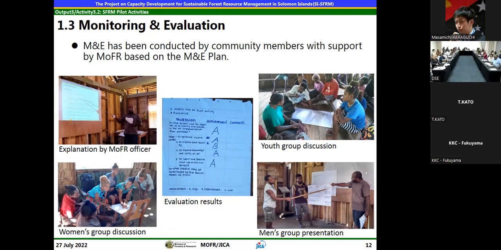And you can see from there the discussion on how they evaluate the different activities that they have been doing during the course of the project, assisted by the Ministry of Forestry and the JICA project, SFRM project.